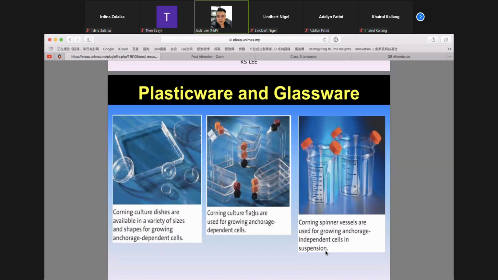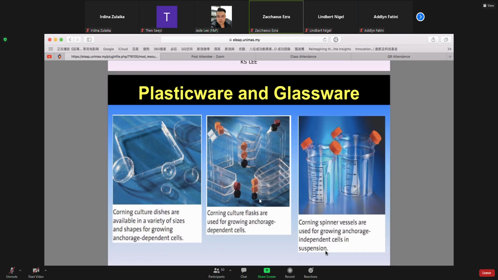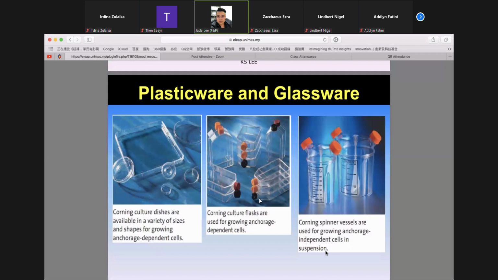Okay, so you must know which cells are anchorage independent and which are anchorage dependent. Like our blood cell, is it anchorage dependent or anchorage independent? Anchorage independent, yeah, because they do not need any matrix to attach to.